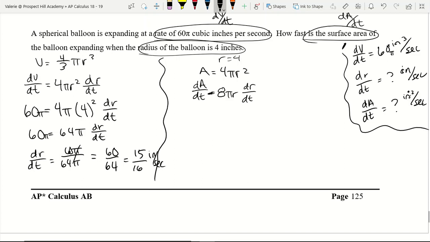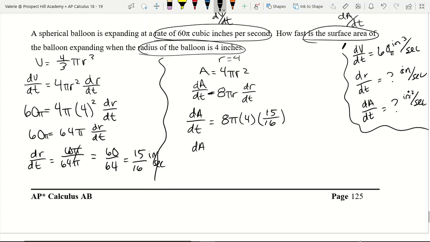So now that we have that information, we can plug it into our surface area derivative. So we have dA dt equal to 8 pi, our radius is 4, and our dr dt is 15 over 16.